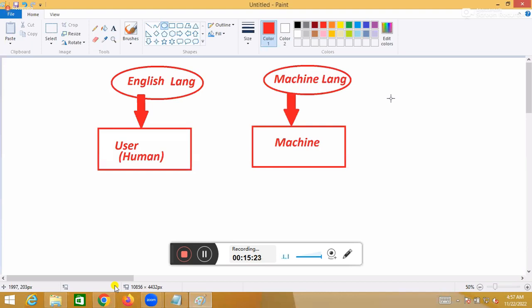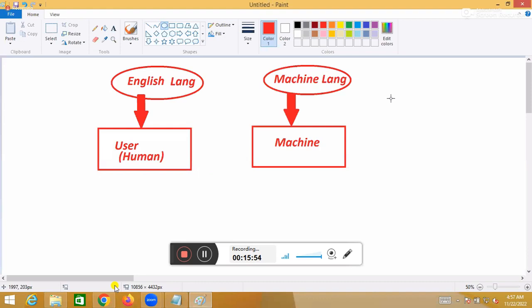So what you observed now, high level languages means the language programs which are constructed from the format understandable by the users is known as high level language. Opposite to high level, the language programs which are constructed from the formats where user cannot understand, that is low level.